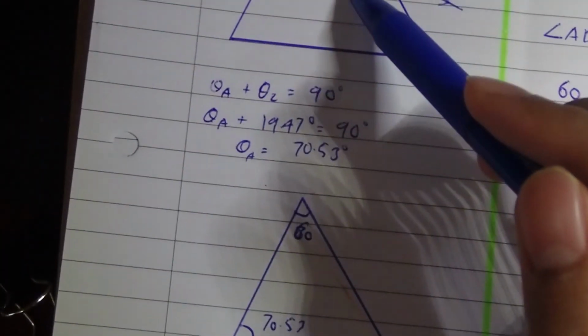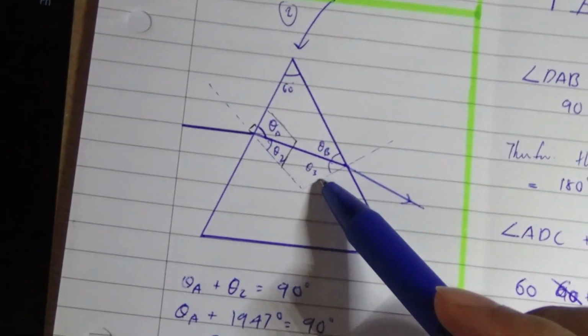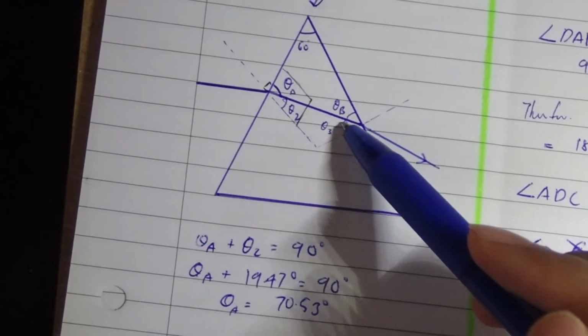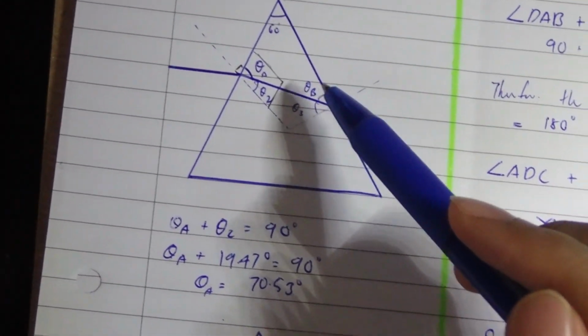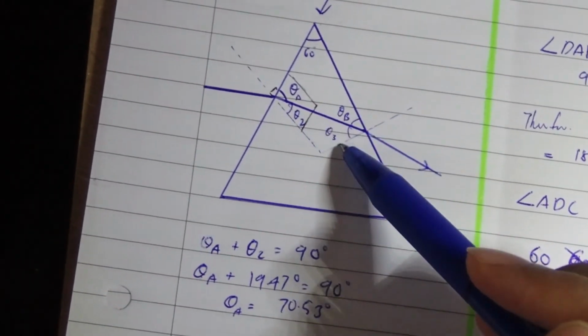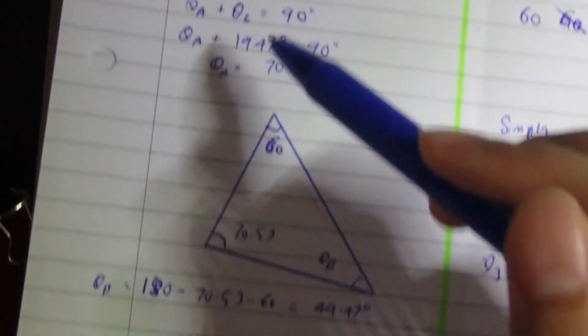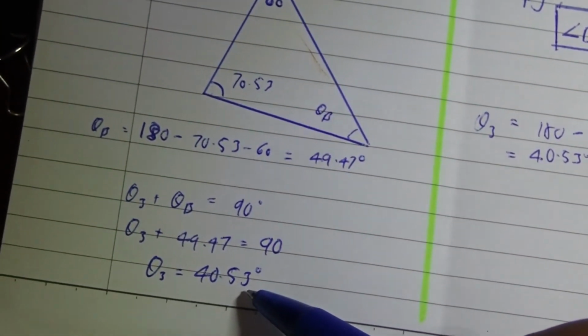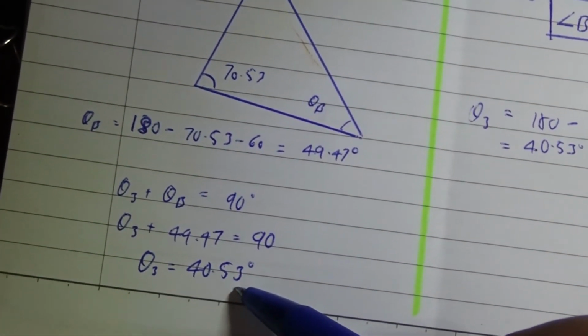So to find angle theta 3, we know that from the surface, the normal line is 90 degree. So 90 degree minus theta B will give us angle theta 3. So that gets us 40.53 degree for theta 3.